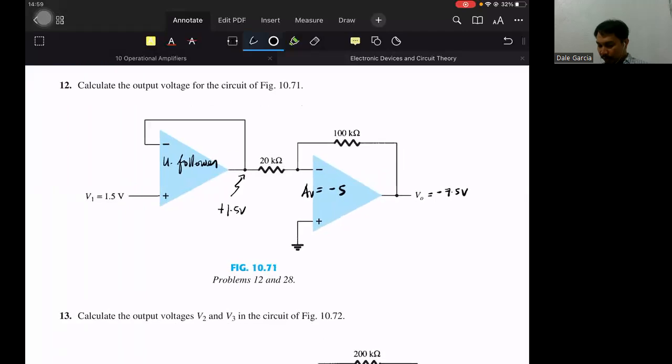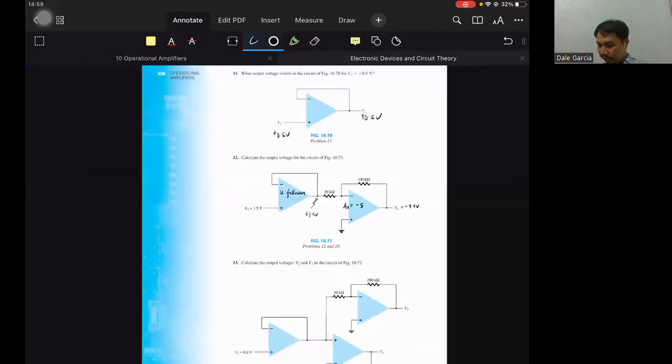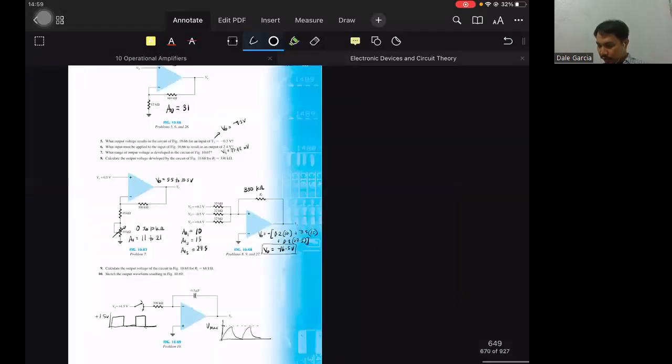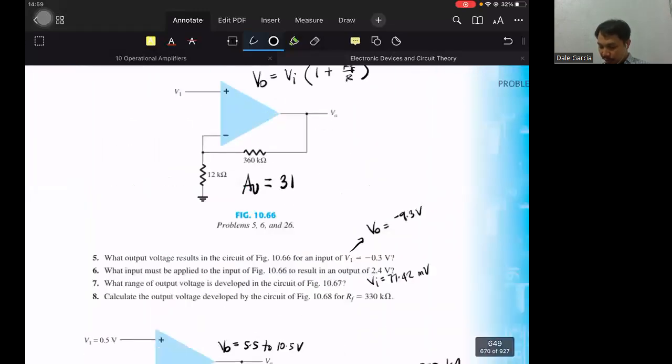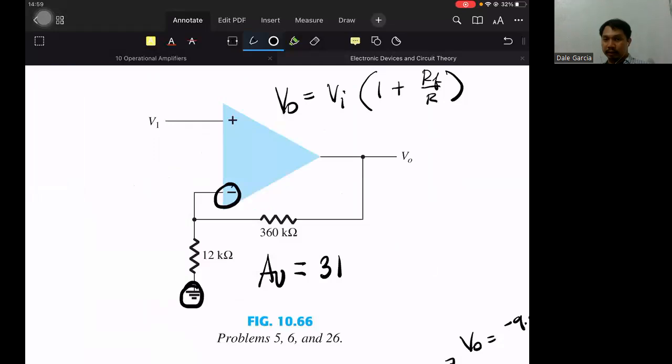Unlike this one, an example of non-inverting, where the ground is connected to the inverting input. If you swap it so the ground and the input signal are exchanged, this makes the amplifier an inverting amplifier.